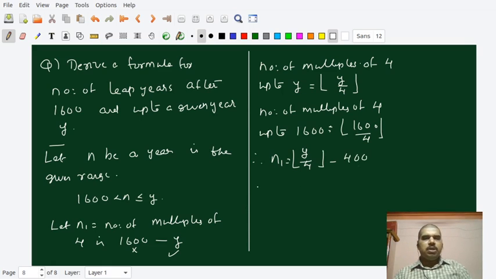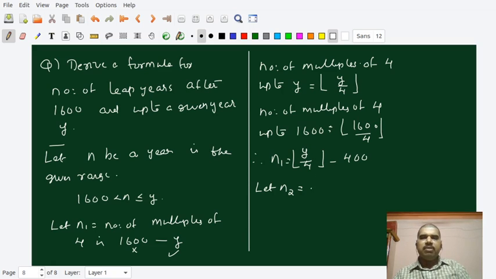Now, let n2 equal the count of all the centuries within the range 1600 to y. In the same way, we are not giving detailed explanations here, we are just writing it.